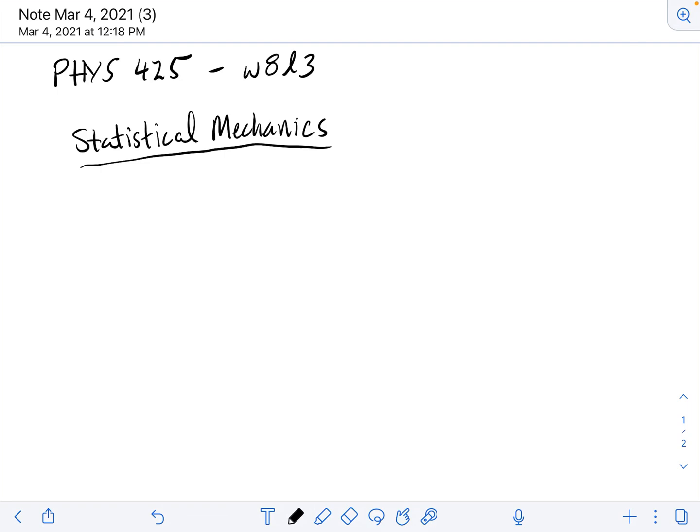We're going to change gears now, and what I'd like to do is spend the remaining time in the course trying to understand some of the theoretical aspects of superfluid helium-4. In order to do that, we first need some background in statistical mechanics.